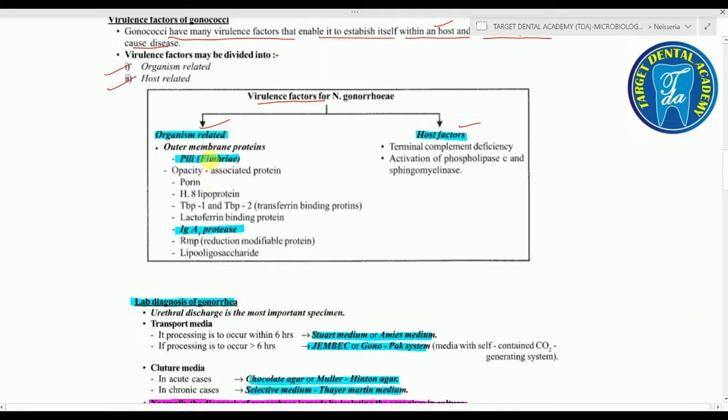The organism related factors are the outer membrane proteins, in which there are fimbriae, opacity associated protein, porin, H.8 lipoprotein, TBP1 and TBP2, that is, the transferrin binding proteins, lactoferrin binding protein, and importantly IgA1 protease, the reduction modifiable protein, and the lipo-oligosaccharide.